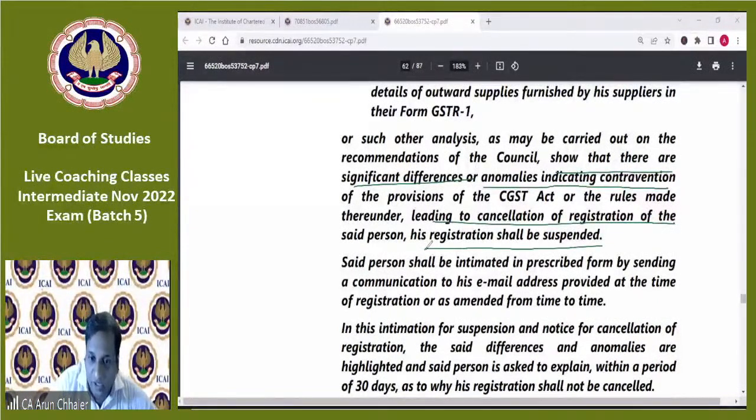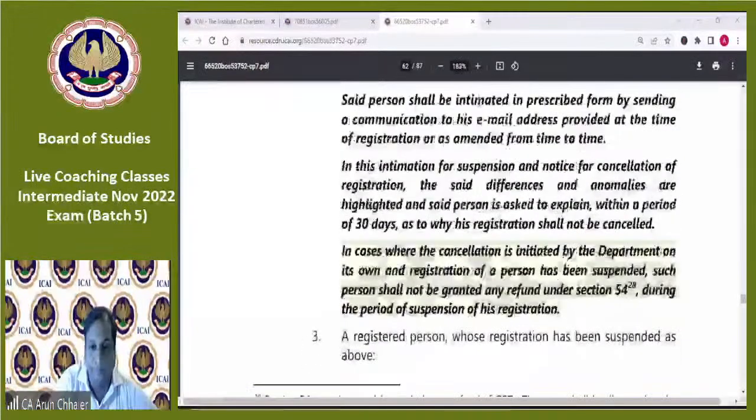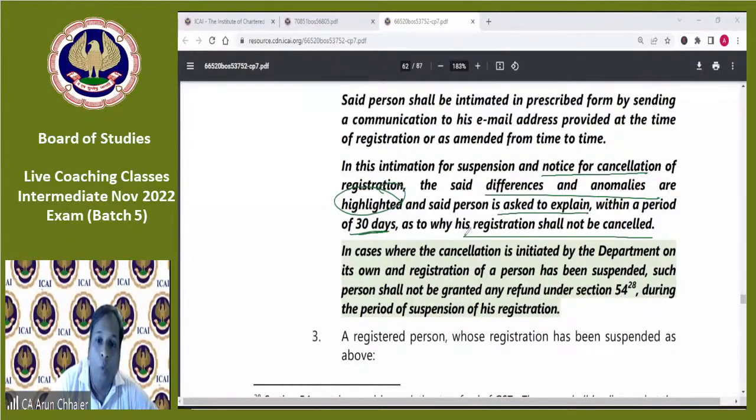Then his registration shall be suspended. Said person shall be intimated in the prescribed form by sending the communication to his email address provided at the time of the registration or as amended from time to time. In this intimation of suspension and the notice for cancellation, the said difference and anomaly are highlighted and the said person is asked within a period of 30 days why the registration should not be cancelled.